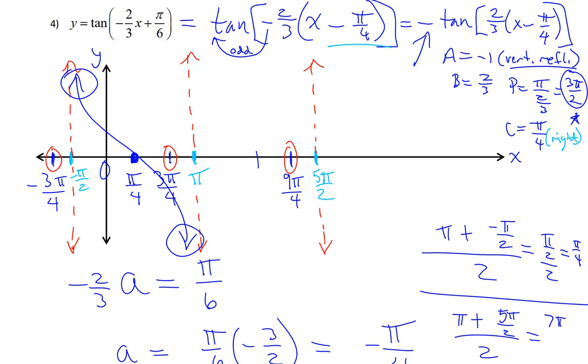So that's 7 pi over 2, divided by 2, which is 7 pi over 4. And that must be where our next x-intercept is. It's halfway between those two. And we know we're going to have the exact copy of the snaky looking curve through those. And there we have it, two periods graphed.